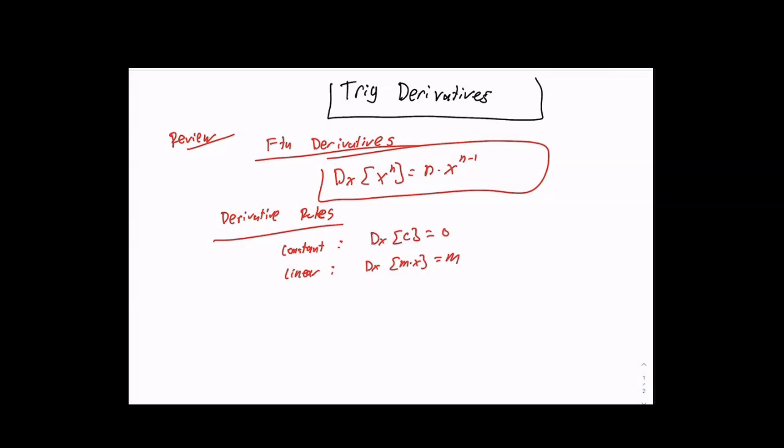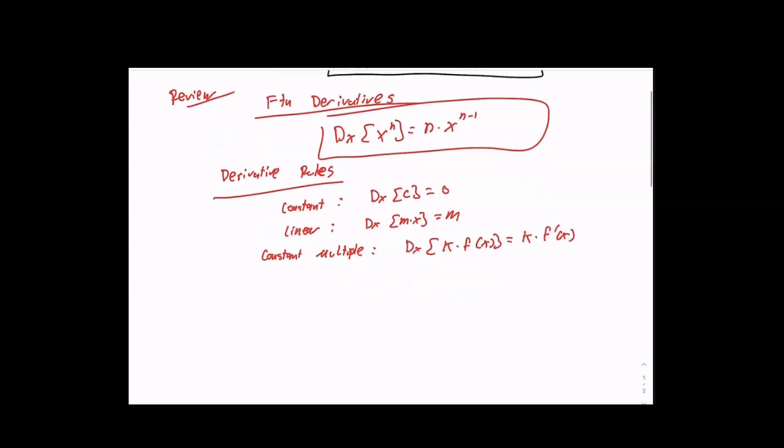We had a constant multiple: the derivative of a constant times a function is equal to the constant times the derivative. We had the sum and difference rule that we've learned, which says the derivative of a function plus or minus another function is equal to the derivative of the first function plus or minus the derivative of the second function.